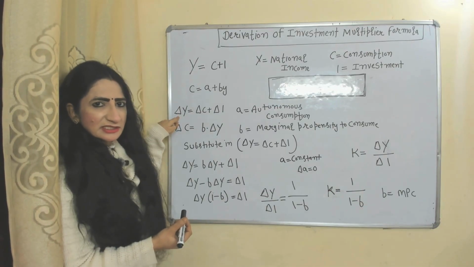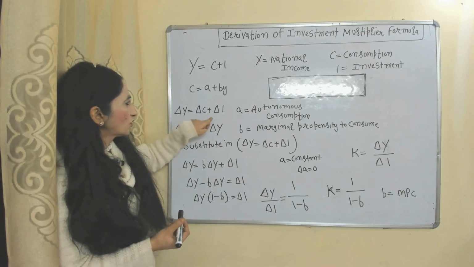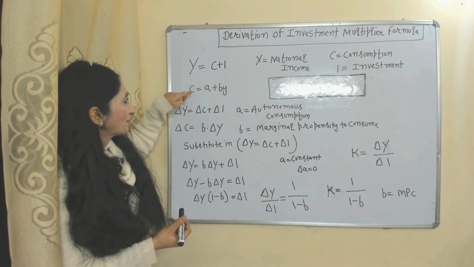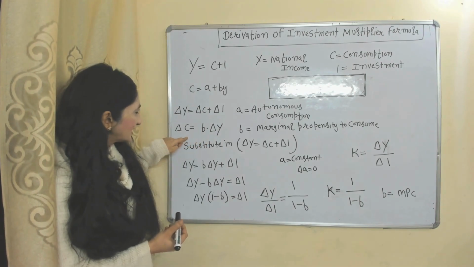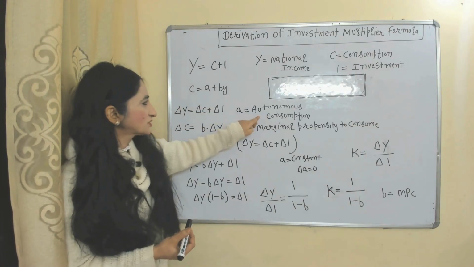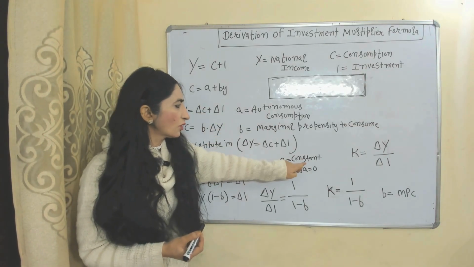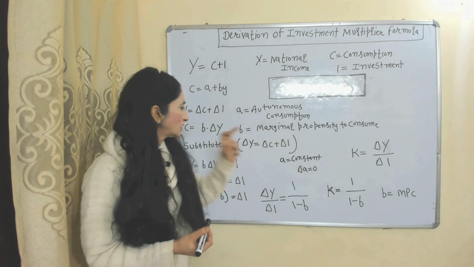Delta represents a change. We will not apply change on A because A is autonomous consumption and autonomous consumption remains constant. That's why delta A is equal to 0.